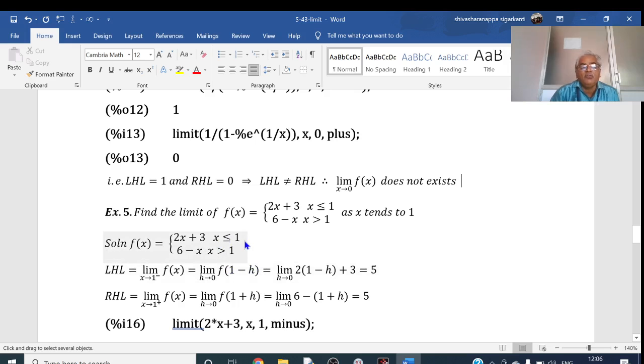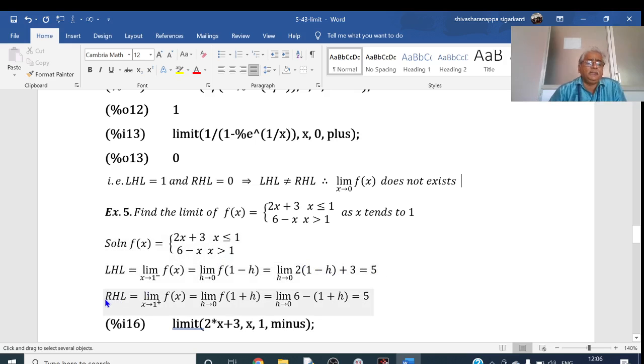If it is less than 1, the function is defined as 2x plus 3. Therefore f of this is 2 into 1 minus h plus 3, and we take the limit as h tends to 0. Now we put h tends to 0 here. This bracketed quantity becomes 1 minus 0, which is 1, into 2 is 2. 2 plus 3 is equal to 5. This is the left hand limit.